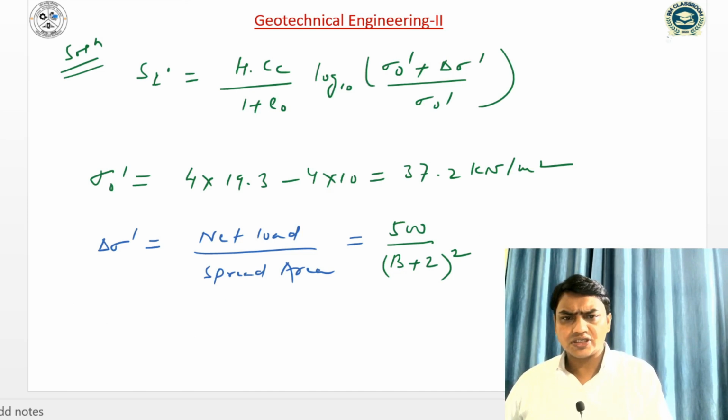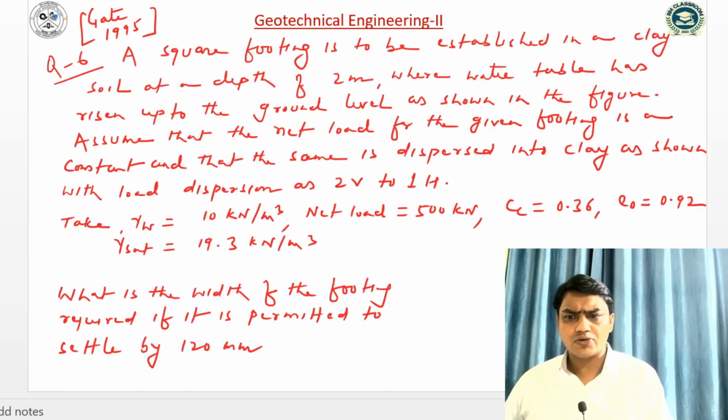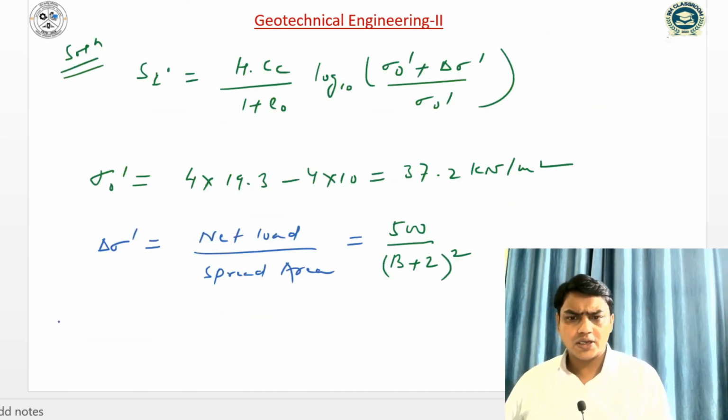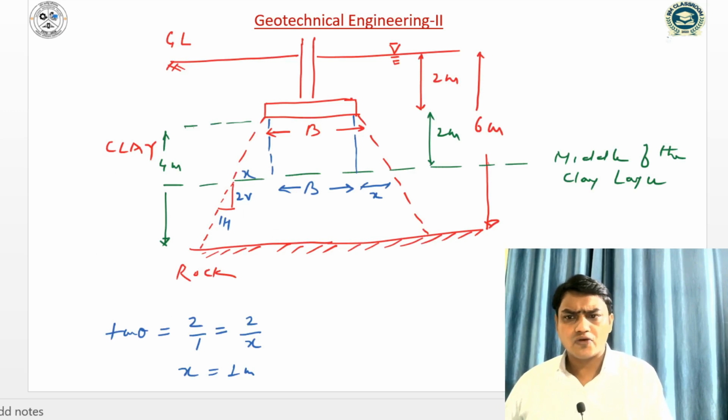So primary consolidation settlement maximum value is 120 mm. So 120 into 10 to the power minus 3. Height of the clay layer is 4 meter.